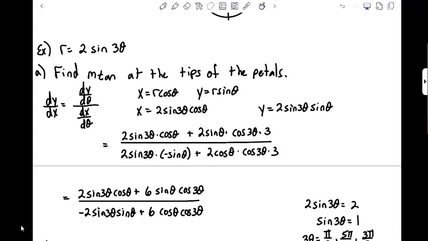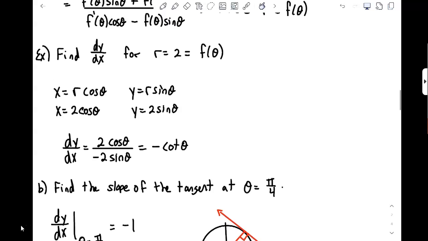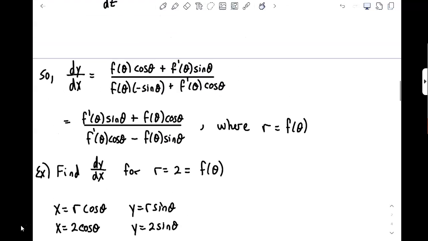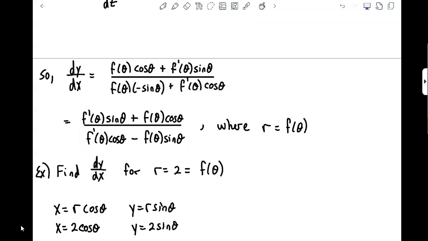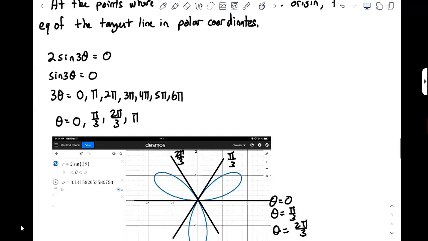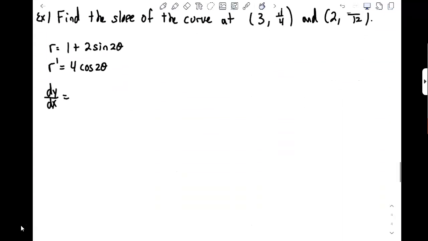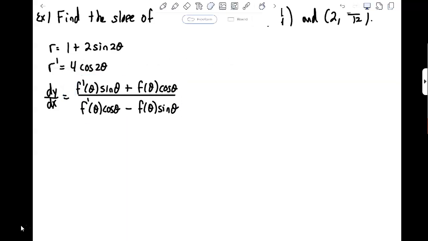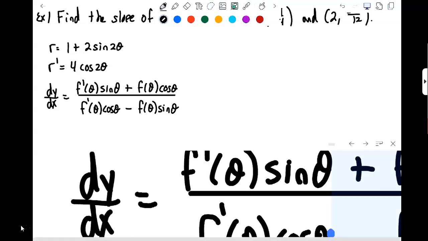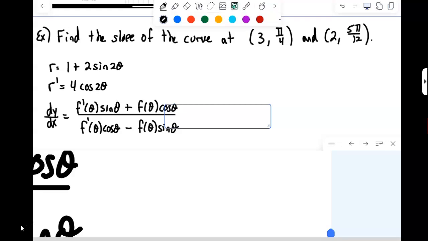Again, we can set up the x and y's like we did, and that still works. But this time I just want to use this formula here because I think it's a little bit simpler and a little quicker. But again, there's nothing that says you have to use a formula. You could, again, set up your x and y functions and proceed that way as well, and that's perfectly fine. Okay, but I'm just going to set it up with the functions this time since I have it at my disposal.